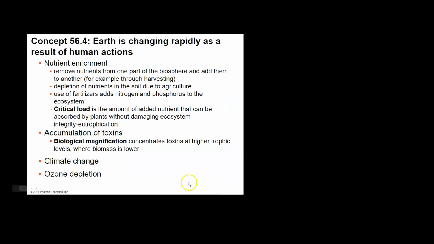Okay, go back here. So looking again at human actions that impact ecosystems, we have this idea of nutrient enrichment. And you guys would probably know that better as eutrophication being the result.